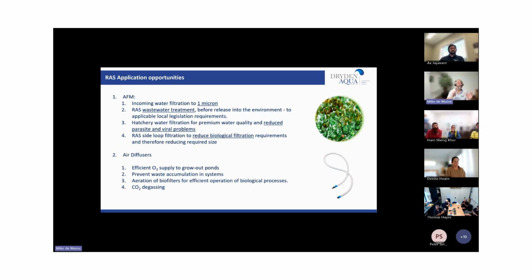Where that water is at that stage, we can also recommend going through a biological process to remove the nitrates out of that water before it's released. So quite often it will go into settling ponds with our air diffusers, so that the water has a slow flow before it is released out into the environment, with our air diffusers creating a highly biological and healthy environment to reduce the nitrates out of the system.